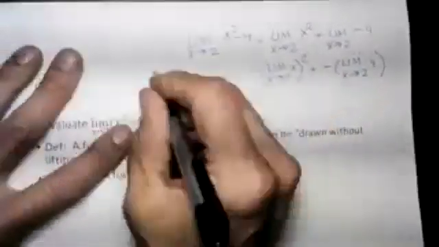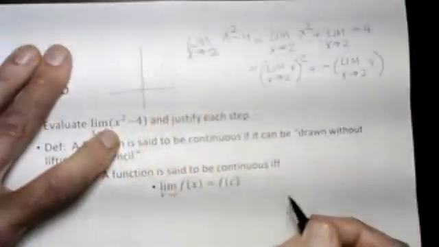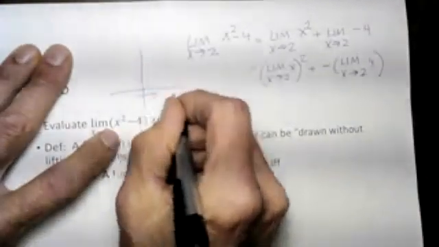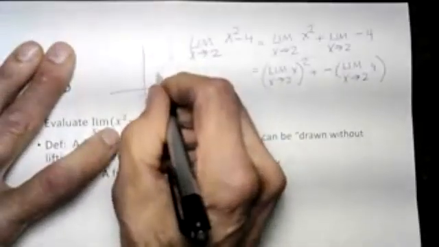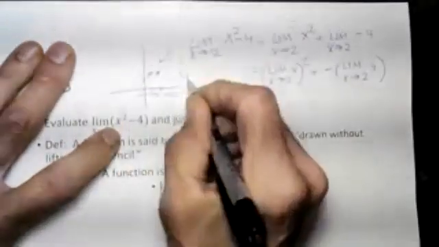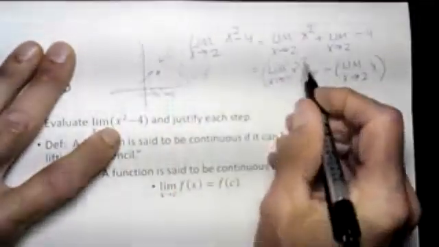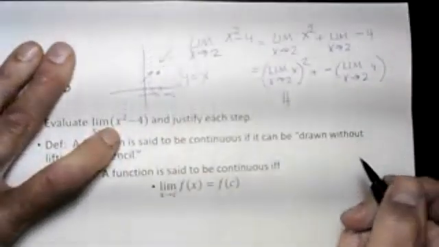The function x, if you need to sketch it, the function x looks like that. As you head closer and closer to 2 here on the x-axis, you get closer and closer to 2 on the y-axis because it's y equals x. But then 2 squared is 4, okay?